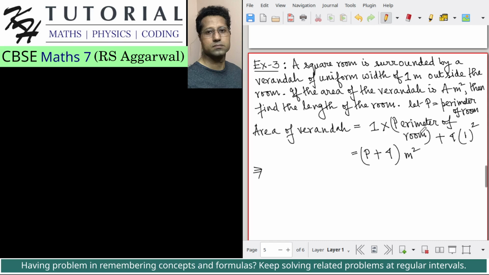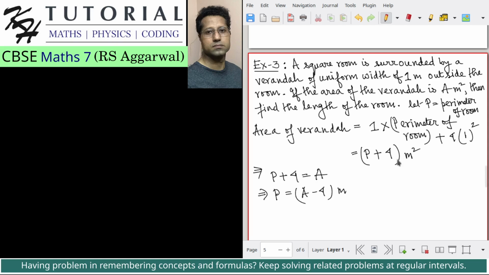So 1 into the perimeter of the room plus 4 into 1 square, which is p plus 4. This is the area of the veranda, which is also given to be a meter square. So p plus 4 is equal to a, which implies the perimeter p is equal to a minus 4 meter. So the perimeter of the square room is a minus 4 meter.